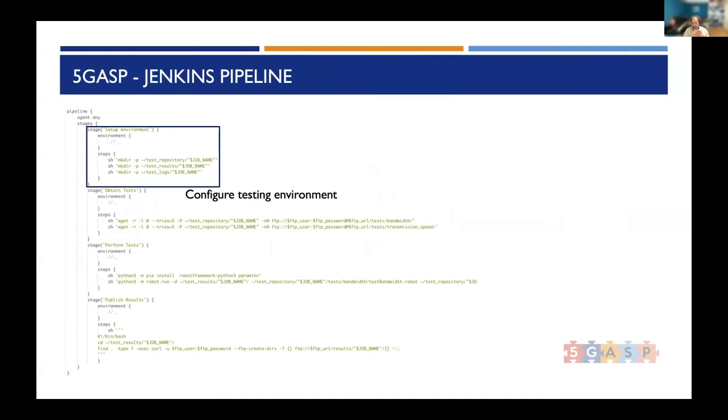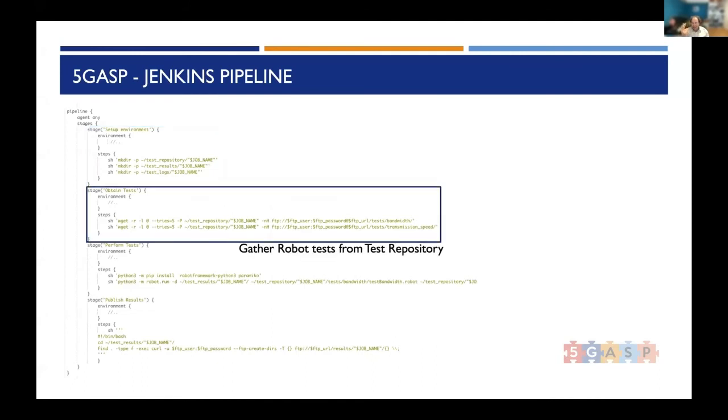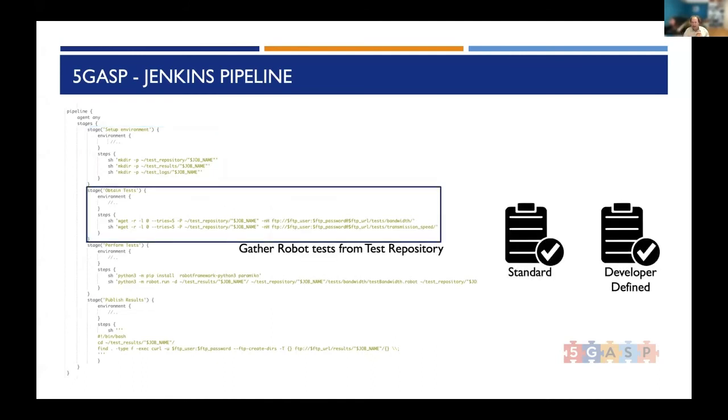They're going to be the standard tests that we are keeping as part of 5GAS. They're going to be multi-purpose. We can employ them for a wide range of NetApps. But we're also going to allow the developers of NetApps that deploy them to specify their own tests.